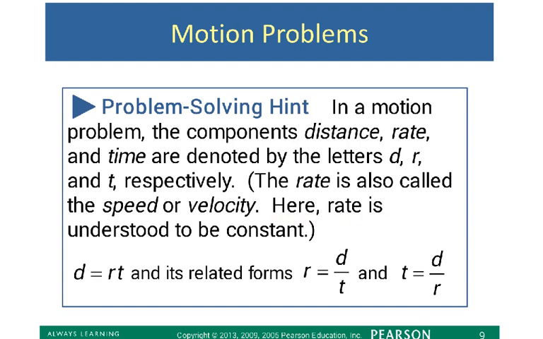So here rate is understood to be a constant. In other classes such as physics, or maybe you studied in your physical science class, there are other forces in nature that can act on the velocity. And here we're just understanding that rate is a constant rate and nothing is changing it.